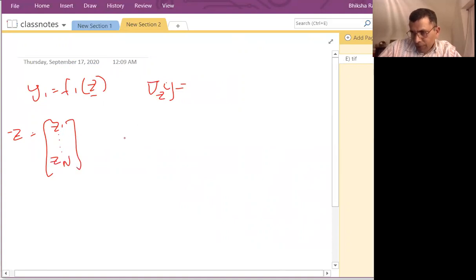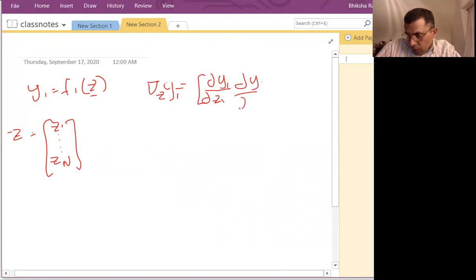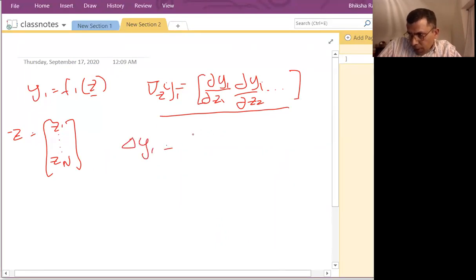Then the derivative of y1 with respect to z is simply going to be a row vector of the partial derivatives of y1 with respect to each of the components of z. And we know that when we use this definition of the derivative, then delta y1 equals this derivative times delta z.